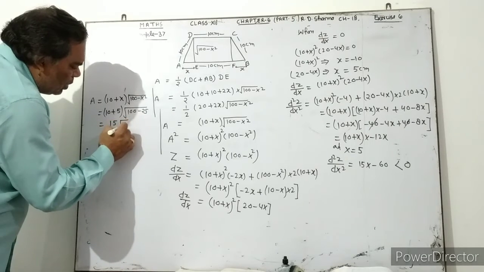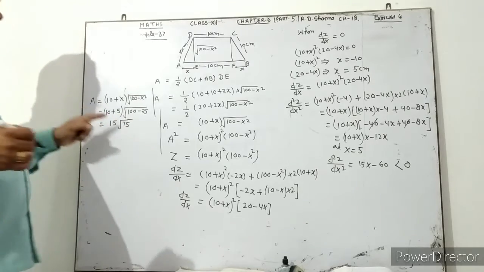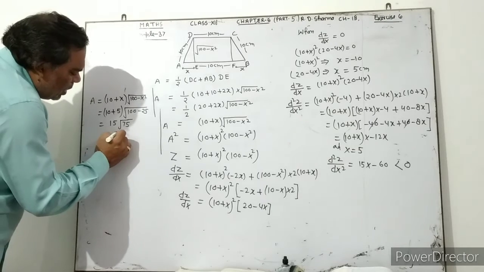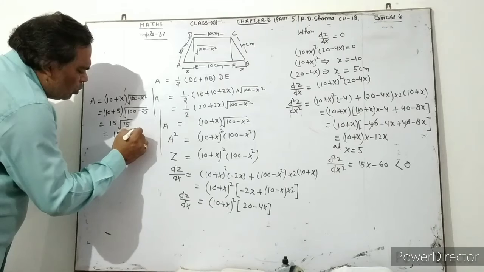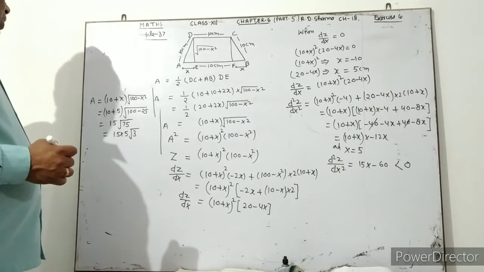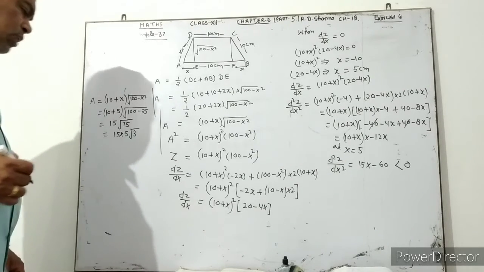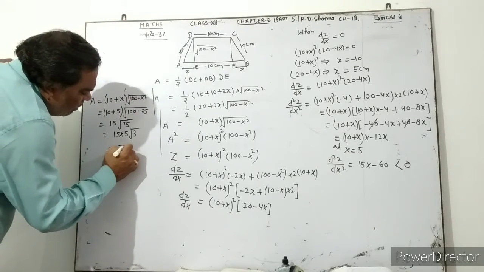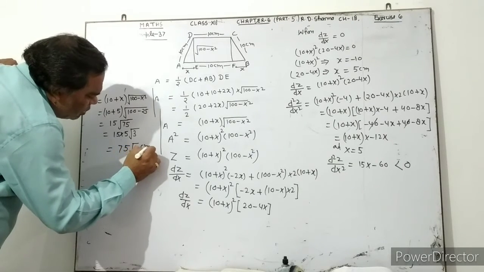50 under root 75, then take 5 outside, 50 into 5 into under root 3, 75 under root 3 centimeter square.